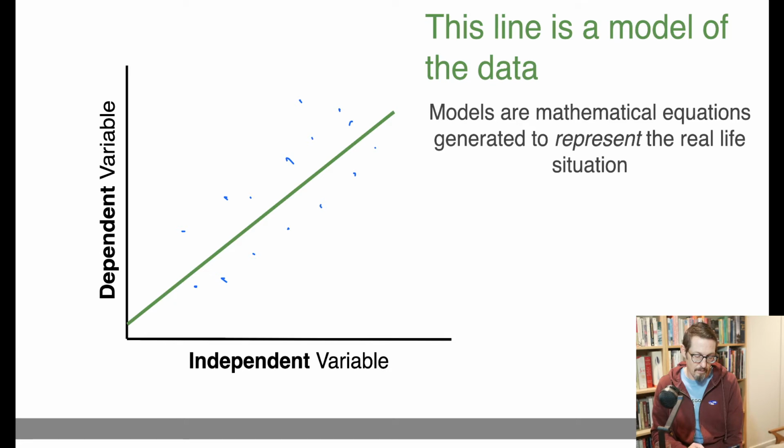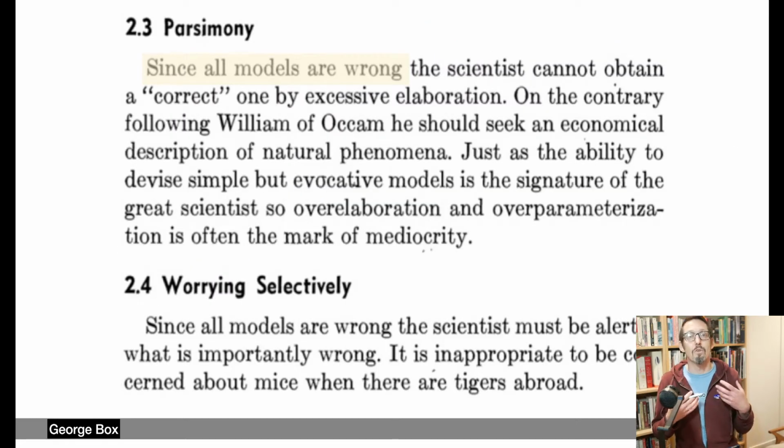Right. So this mathematical representation of the data is called a model, okay? What does this model tell us? Well, it can tell us how we expect the process to work. But clearly a line is maybe a simplification.